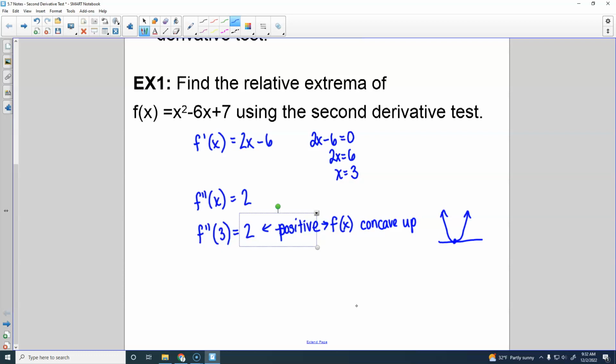I like to draw the picture because sometimes I get them mixed up, because concave up makes me think maximum, because up and maximum seem like they go together, but it's the opposite here.